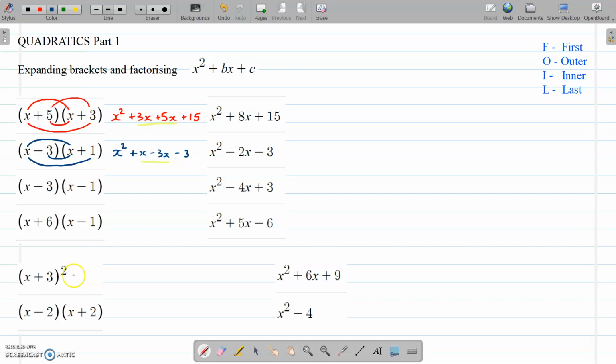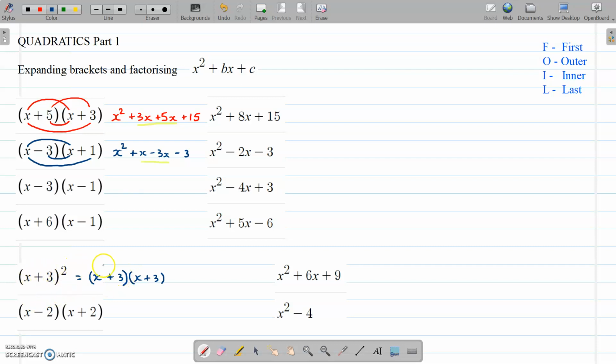What you need to do is recognize that that in fact is the same as x plus 3 times itself. In other words, it's this. And I would encourage you to write it as a product of two brackets like that, and then you can apply FOIL to it in the usual way, and that would give you x squared plus 6x plus 9 as the correct expansion of that bracket.